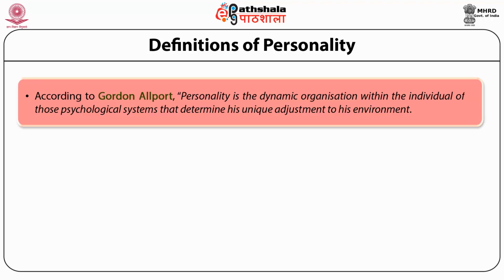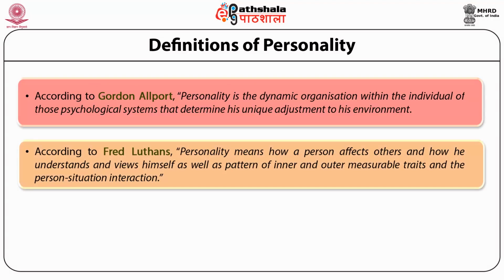Another very important definition of personality is given by Fred Luthans, who says that personality means how a person affects others and how he understands and views himself, as well as pattern of inner and outer measurable traits and the person situation interaction.